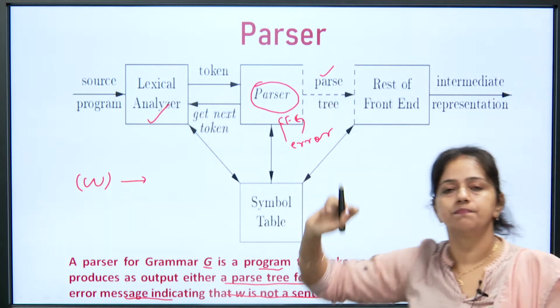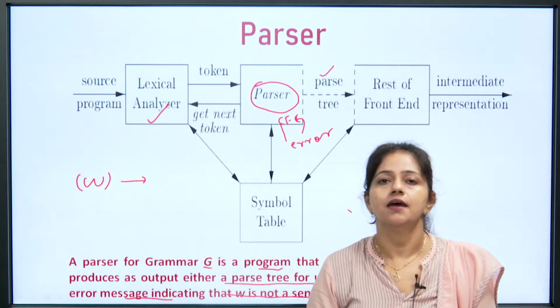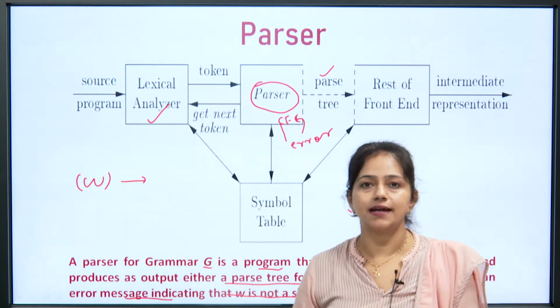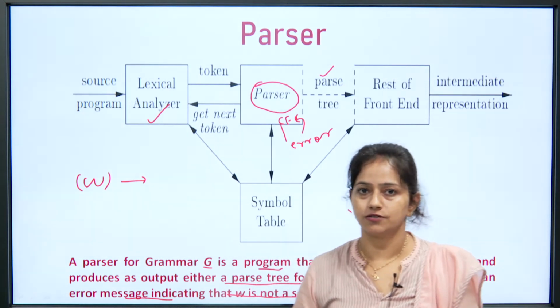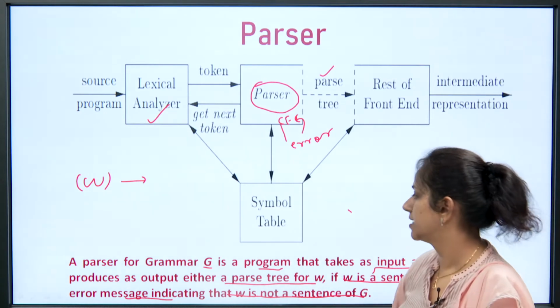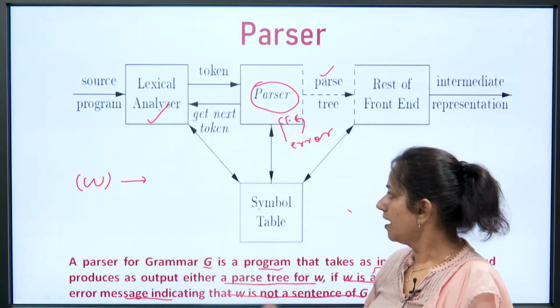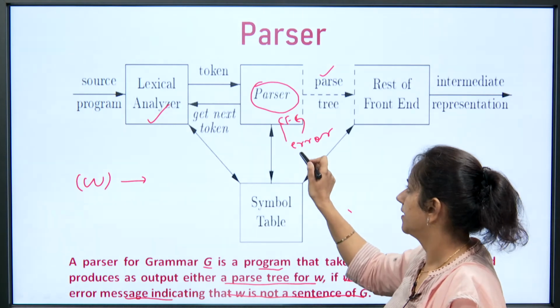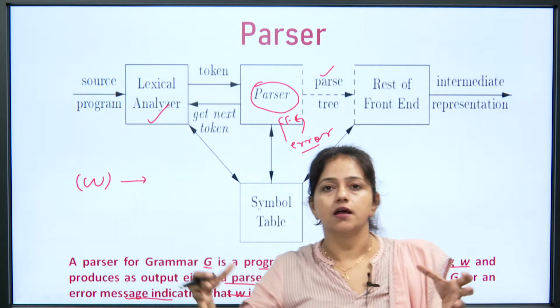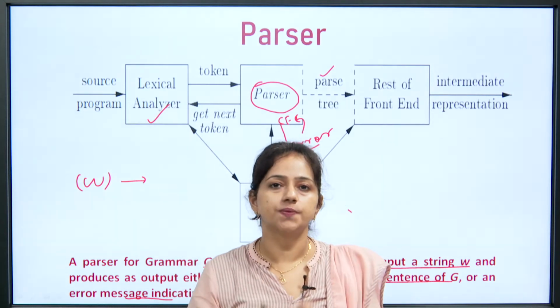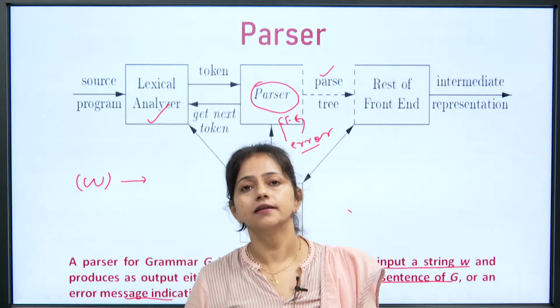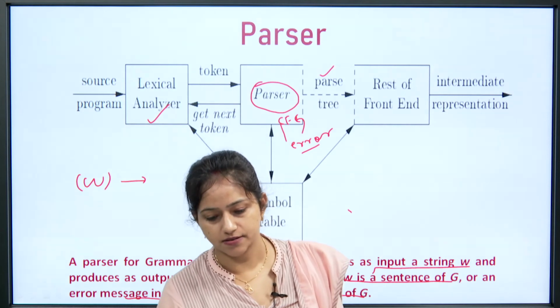This is the simplest representation. If you study the semantic analyzer, you will find that the parser also produces other representations, but here we will see that it is producing the parse tree. If the arrangement of tokens is not grammatically correct, then it will prompt the error message.